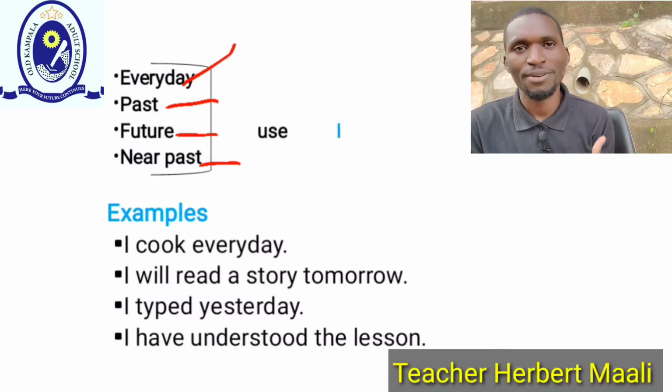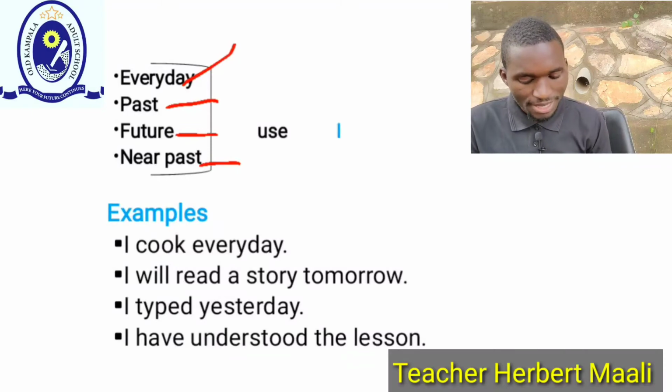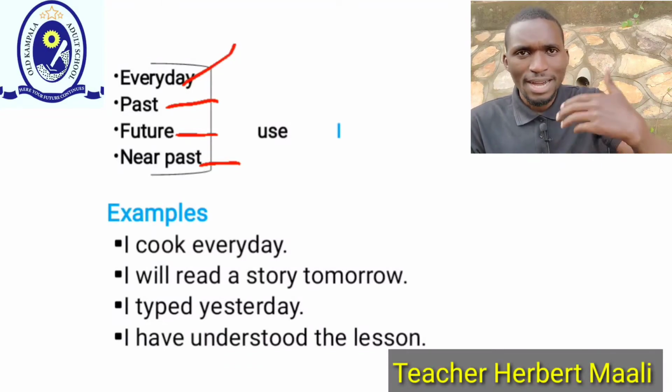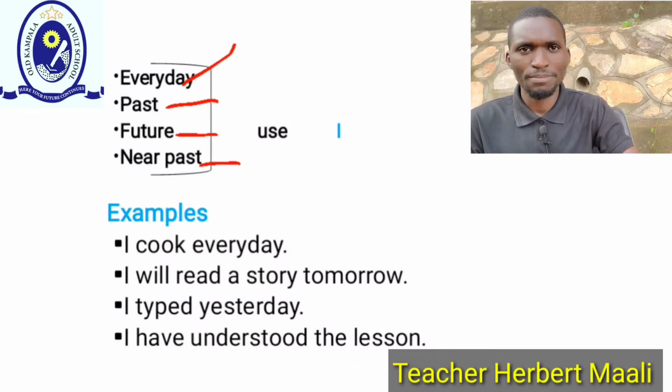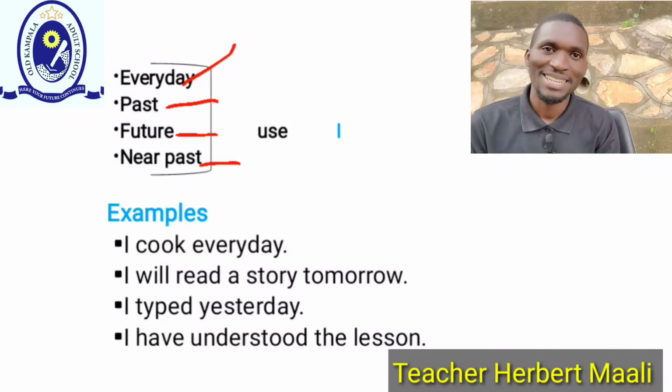You must use "have" or "has." If you talk about he, she, it, or the name of a person, say "has," like Amina has. Every day means things that you do and repeat, every week, every Monday, every Friday. Things that you do and again do them and again do them. Ideally it means things that you do and repeat.